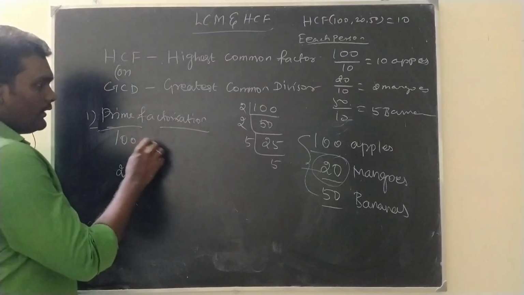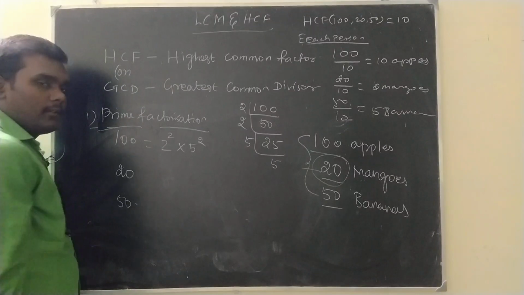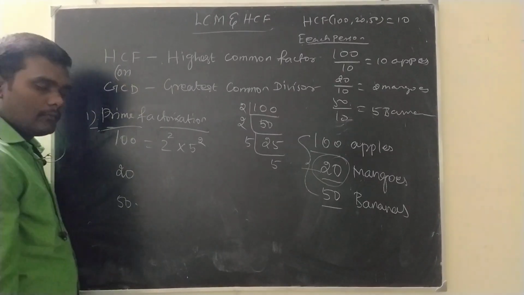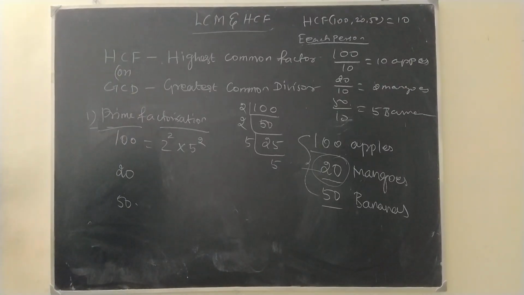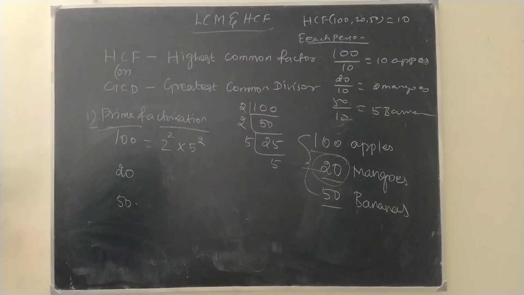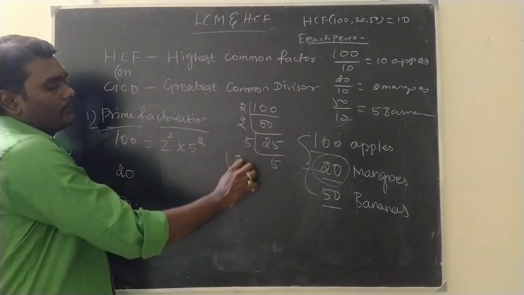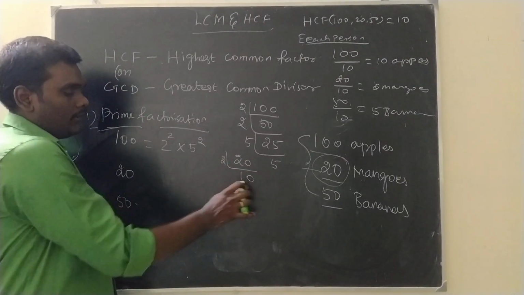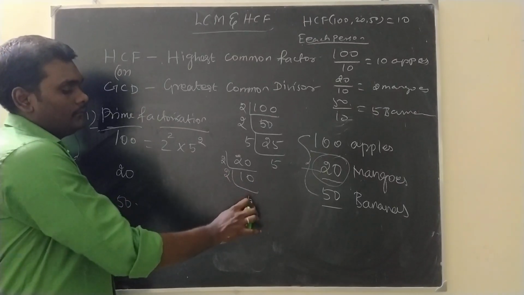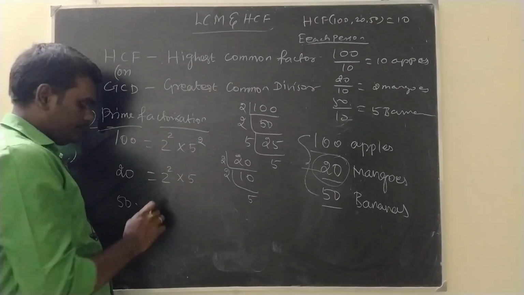So 100 can be represented as 2 square into 5 square. And this 20 can be represented as: we start with 2, then 10, again 2, 5, that is enough. So 2 square into 5.